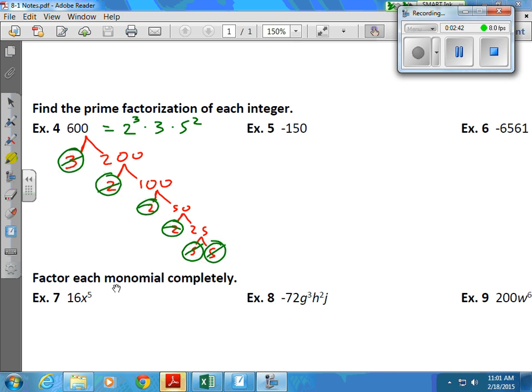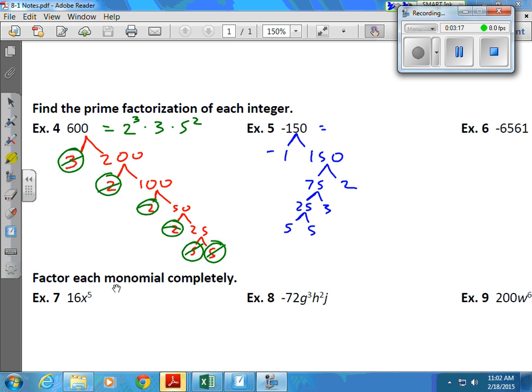All right. What about a negative number? I would start out just doing -1 and itself, and then start breaking the 150 down. 75 and 2, which is 25 and 3, which is 5 and 5.